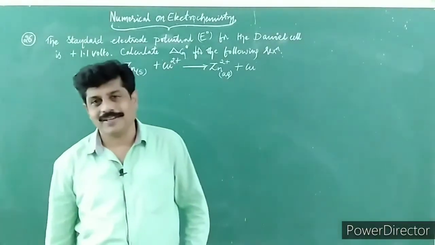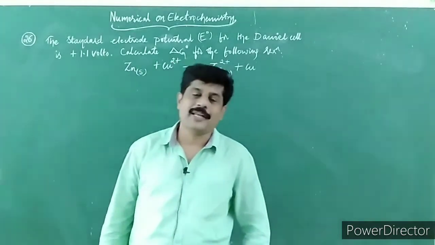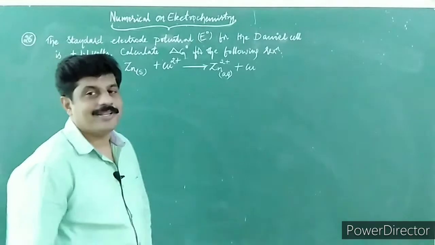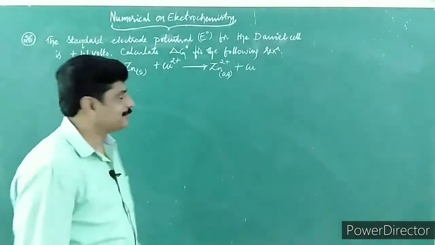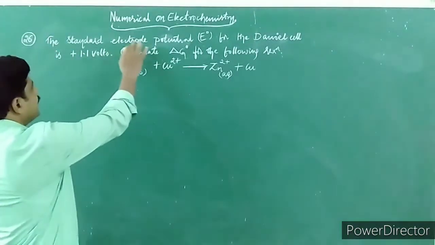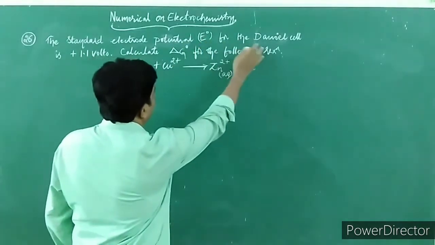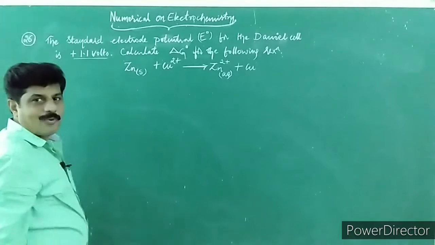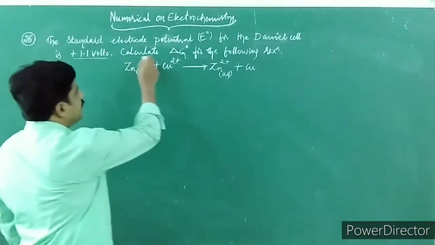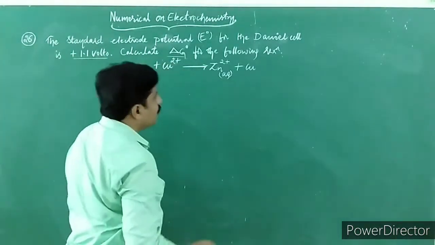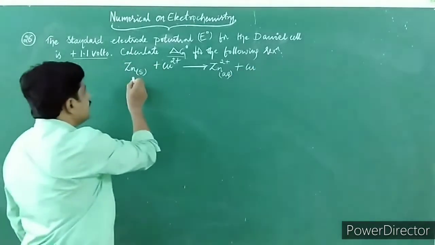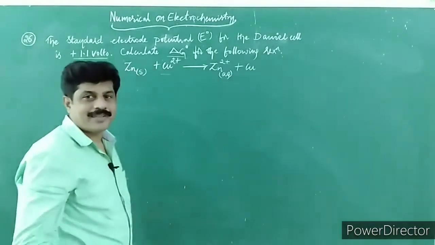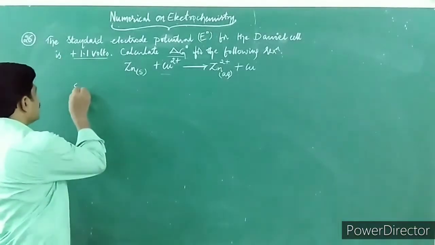Children, after solving some numericals on equilibrium constant, let me take up the numericals on Gibbs energy change. The standard electrode potential E naught for the Daniell cell is plus 1.1 volts. Calculate delta G naught for the following reaction: Zn plus Cu2 plus giving rise to Zn2 plus Cu. Let me solve the numerical.